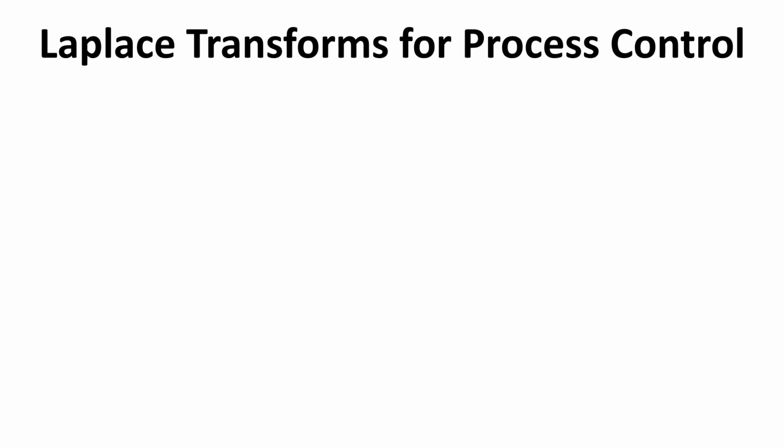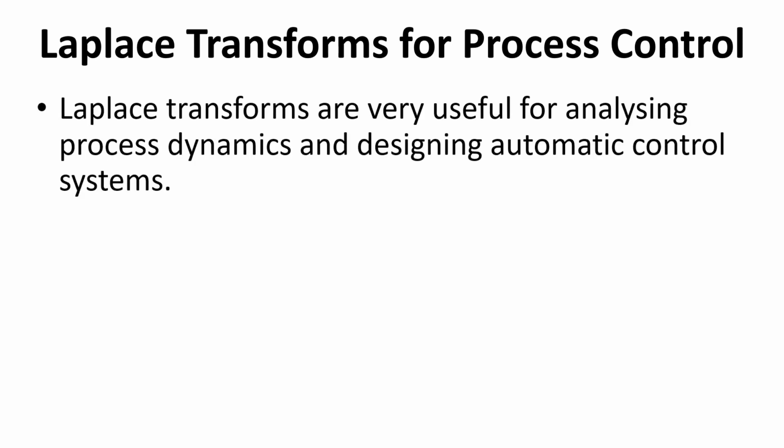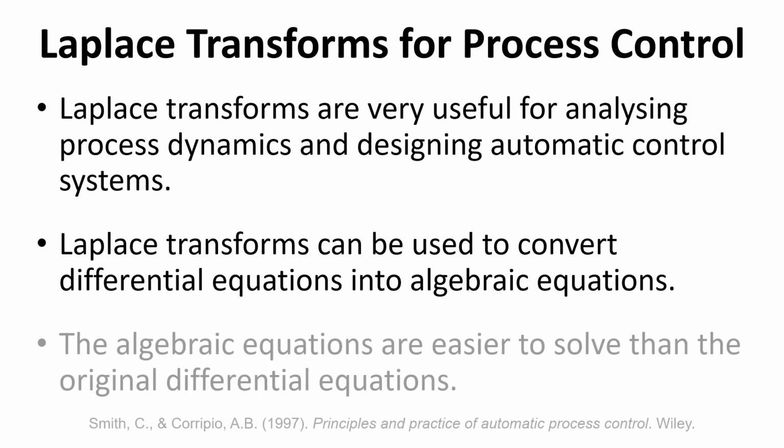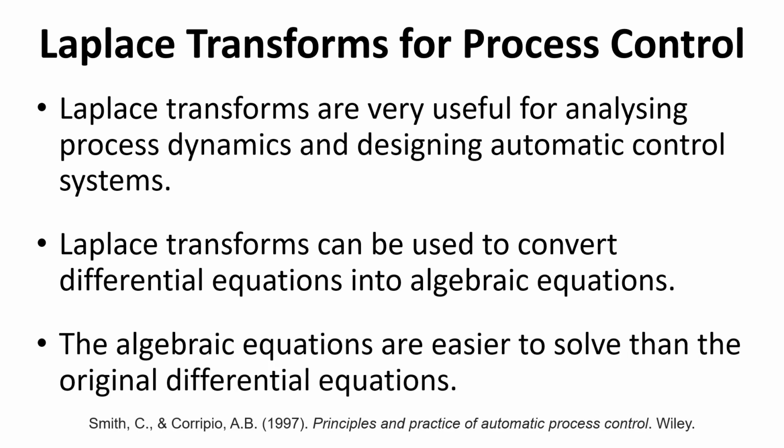particularly to process control. Now, Laplace transforms are very useful for analysing process dynamics and designing automatic control systems. So Laplace transforms, as we've seen, can be used to convert differential equations into algebraic equations. And those algebraic equations are easier to solve than the original differential equations.